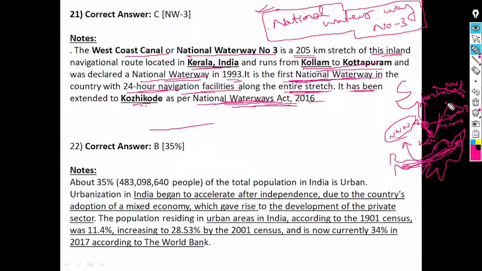West Bengal to Brahmani in Odisha is National Waterway 5. So these are the things you should keep in mind.